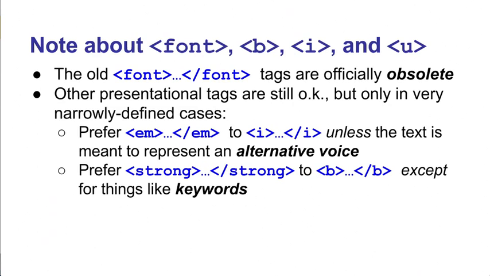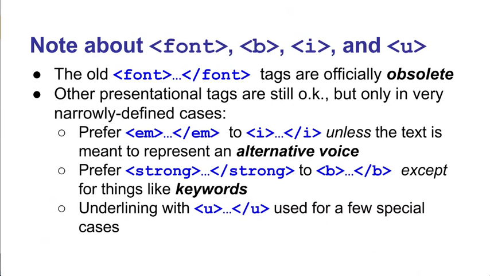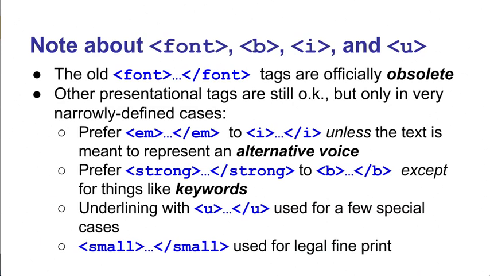Otherwise, just use strong tags. Underlining is appropriate in only a few cases having to do with spell checkers and grammar checkers. Finally, small tags are only used for things like legal fine print. You can easily make any text you like appear smaller using CSS anyway.